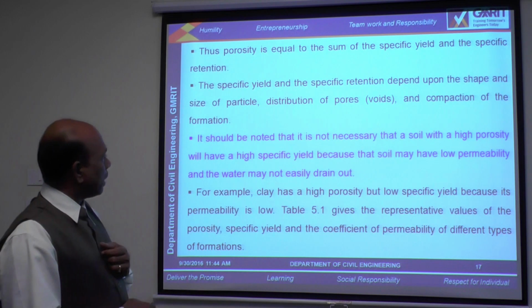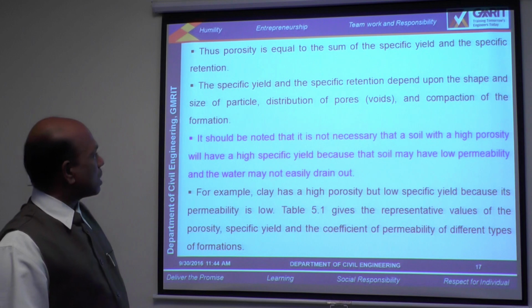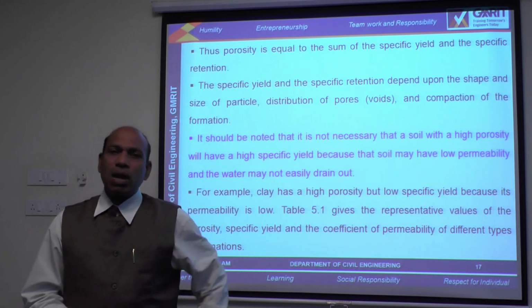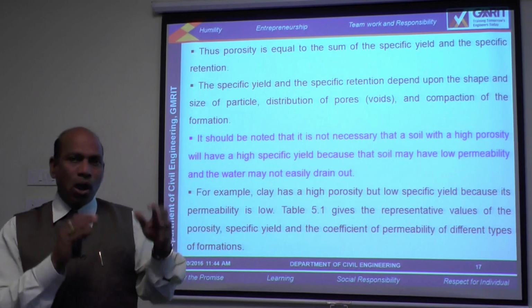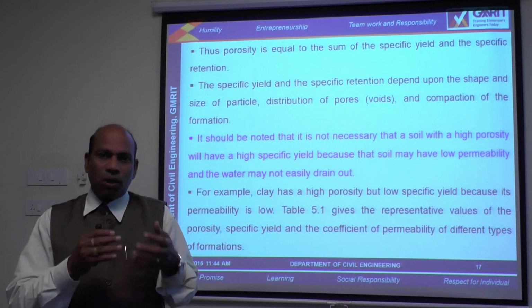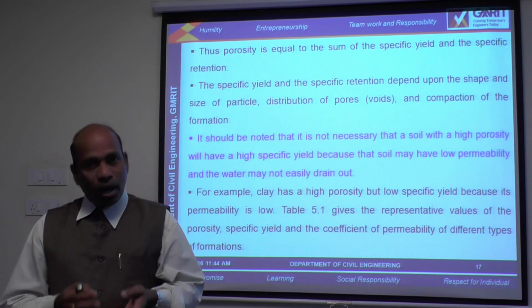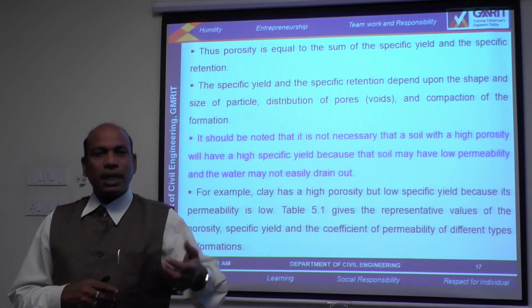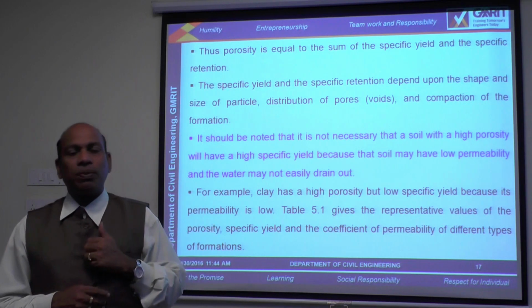It should be noted that a soil with high porosity will not necessarily be highly permeable, because high porosity soils do not necessarily transfer large quantities of water. The transfer of water from the soil media depends upon the permeability of the soil.